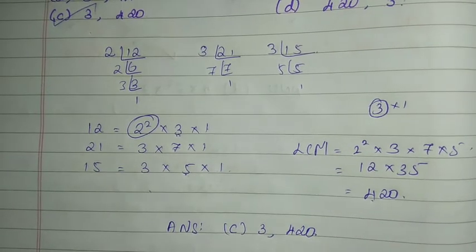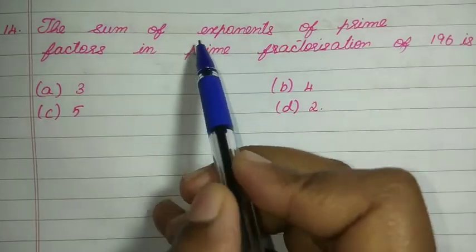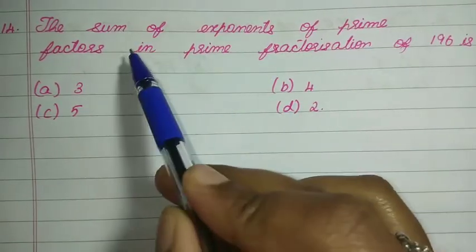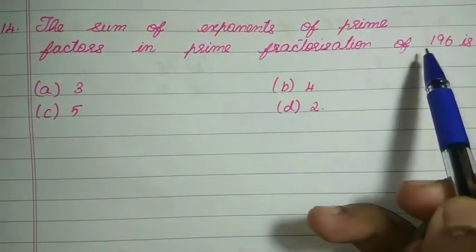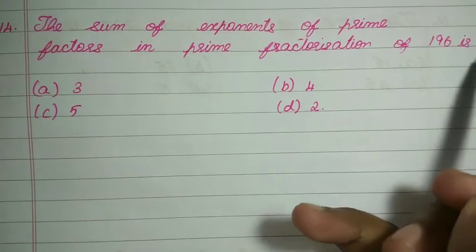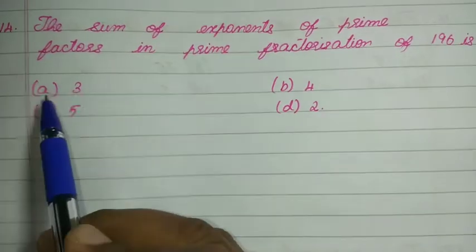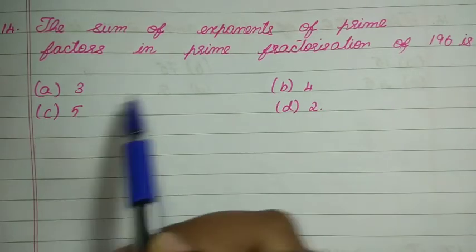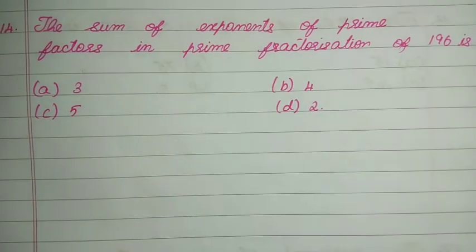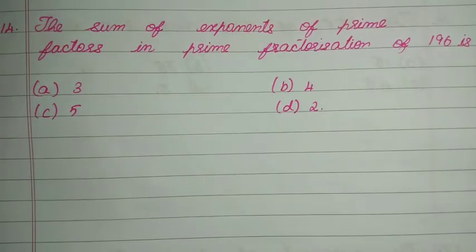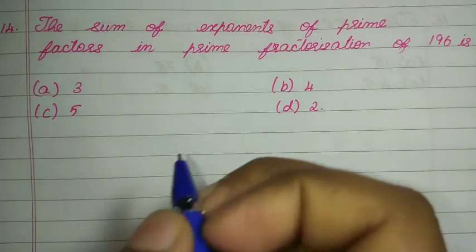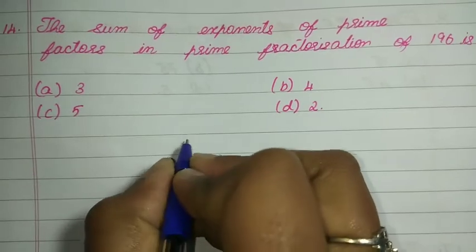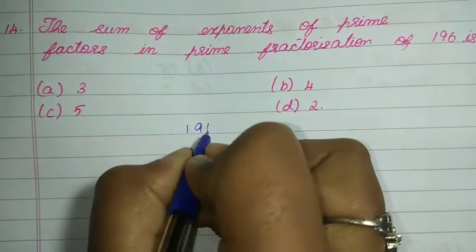Question 14. The sum of exponents of prime factors of the prime factorization of 196 is dash. Option A 3, option B 4, option C 5, option D 2. So we have to check the sum of exponents of the prime factors of this number, 196.